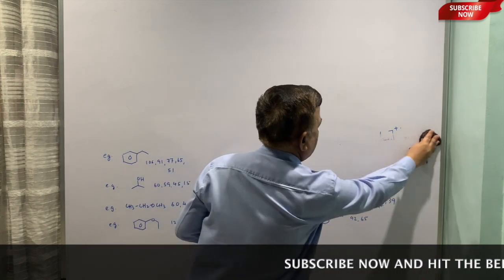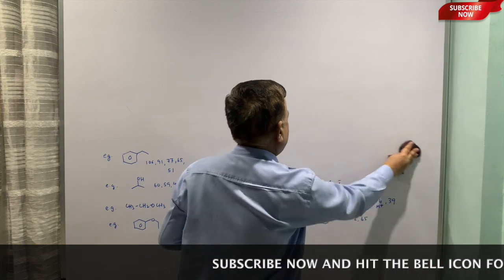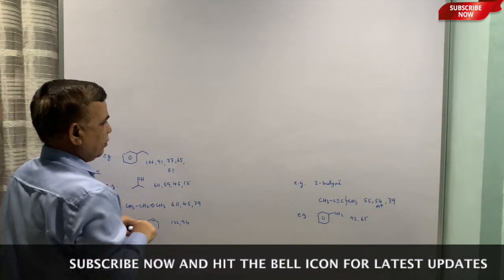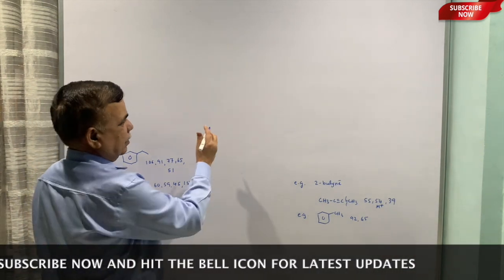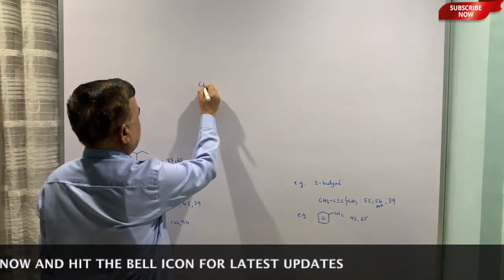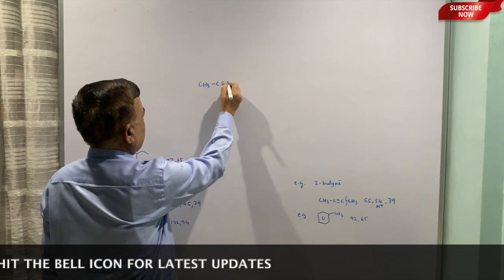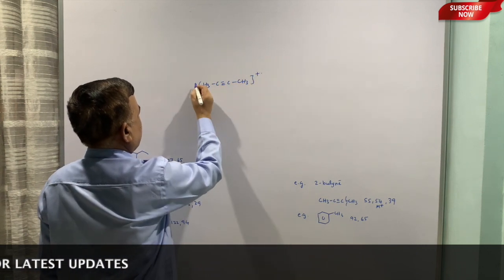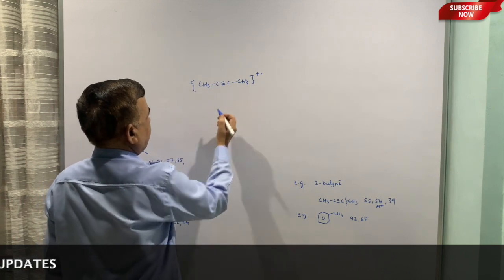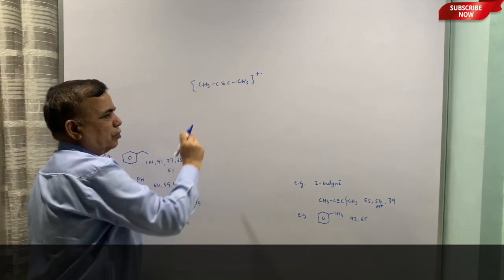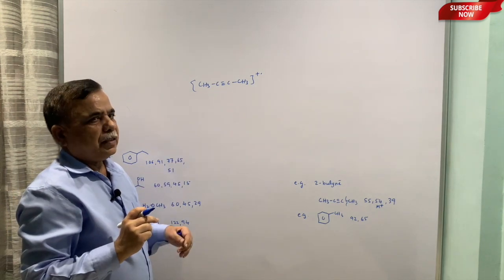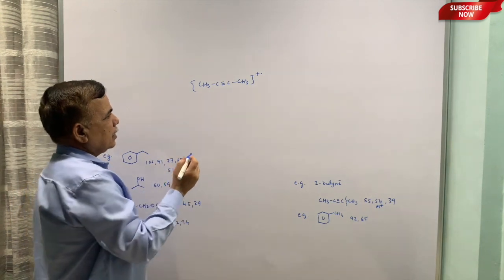Third example is 2-butyne. Now, 2-butyne we have written as CH3C triple bond CCH3. Now, we can show the radical cation on top of it, or you can eject the electron from the pi bond and put the radical cation there also.